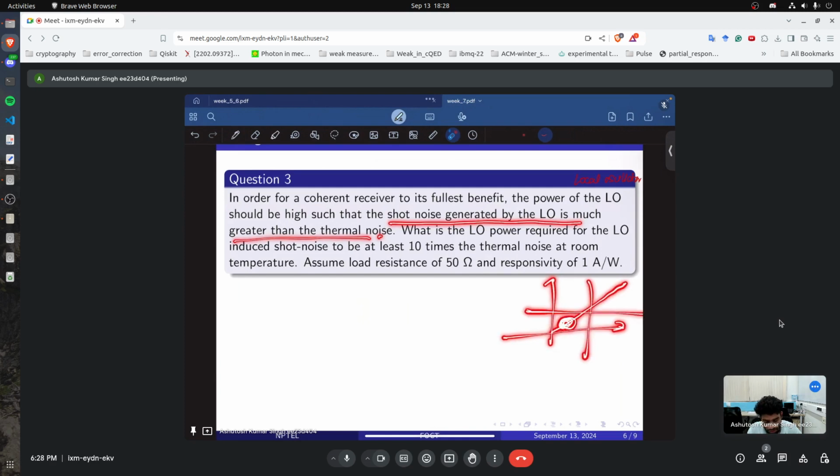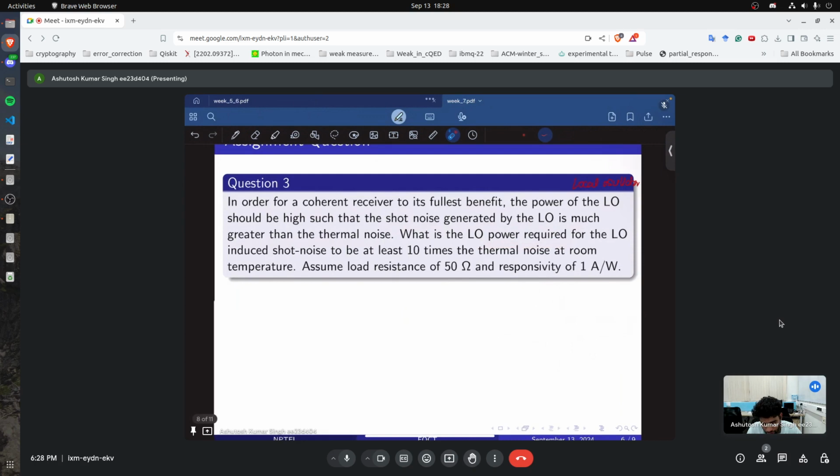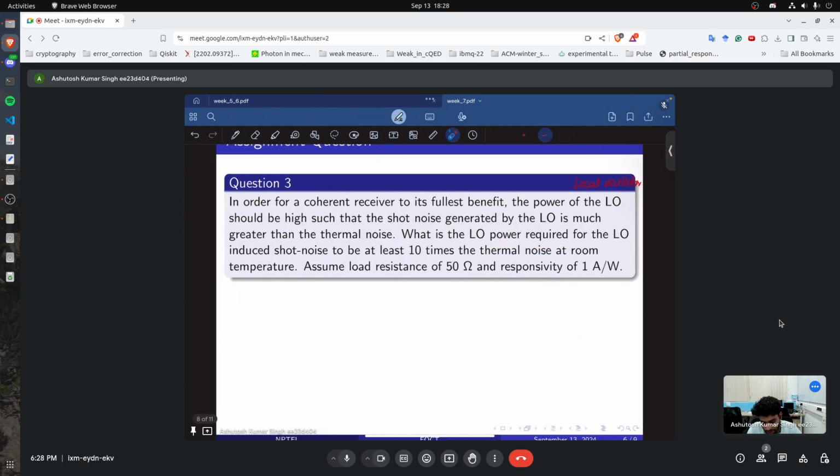So this was the thermal region, and we want to operate in this region where shot noise is the dominant feature. So the question is, what is the LO power required for LO induced shot noise to be at least 10 times the thermal noise at room temperature? Assume load resistance of 50 ohm and responsivity of 1 amps per watt. Now responsivity of 1 amps per watt is a reasonable number.